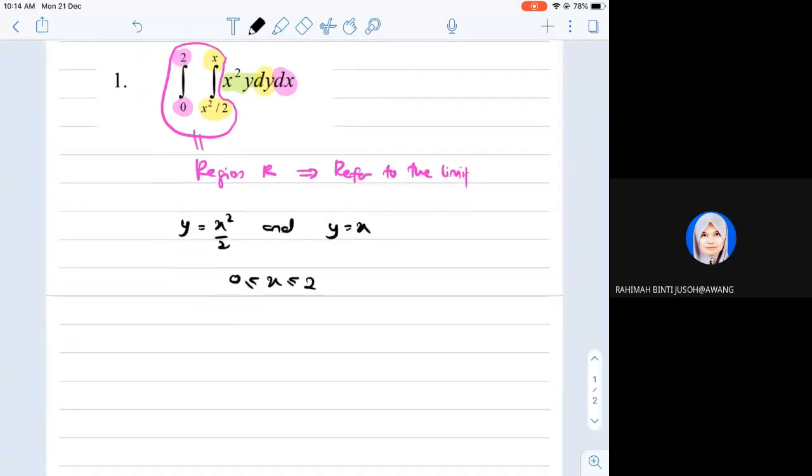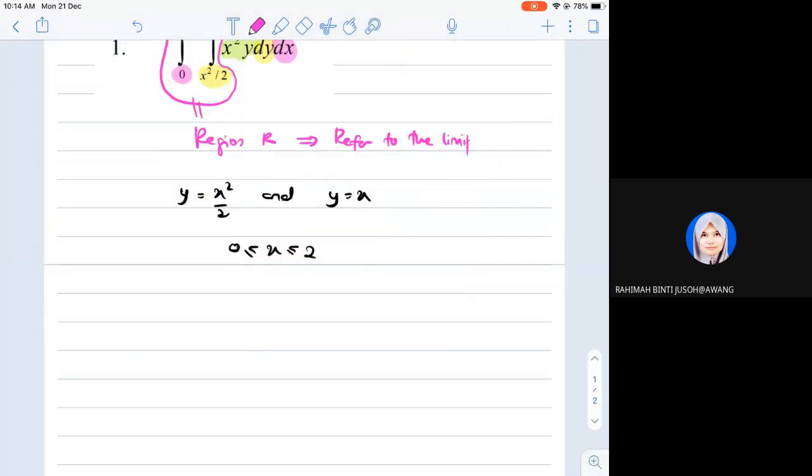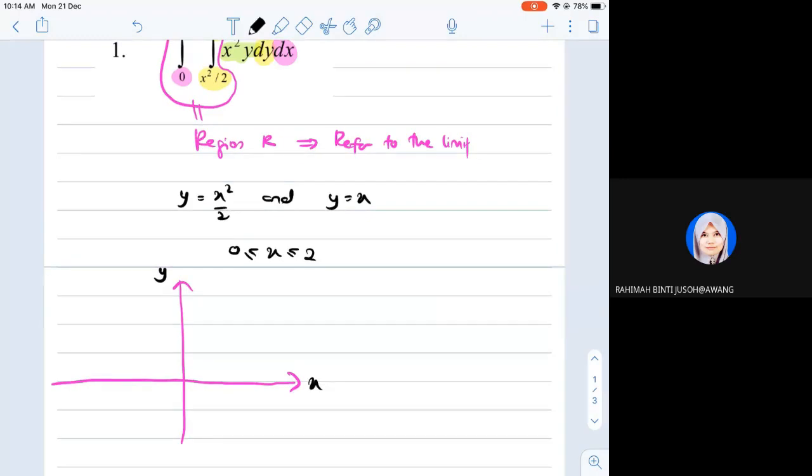Okay, so let us sketch the region. We have x and y as this. First of all, y equals to x squared over 2. So we will have this. We have a quadratic graph, isn't it?